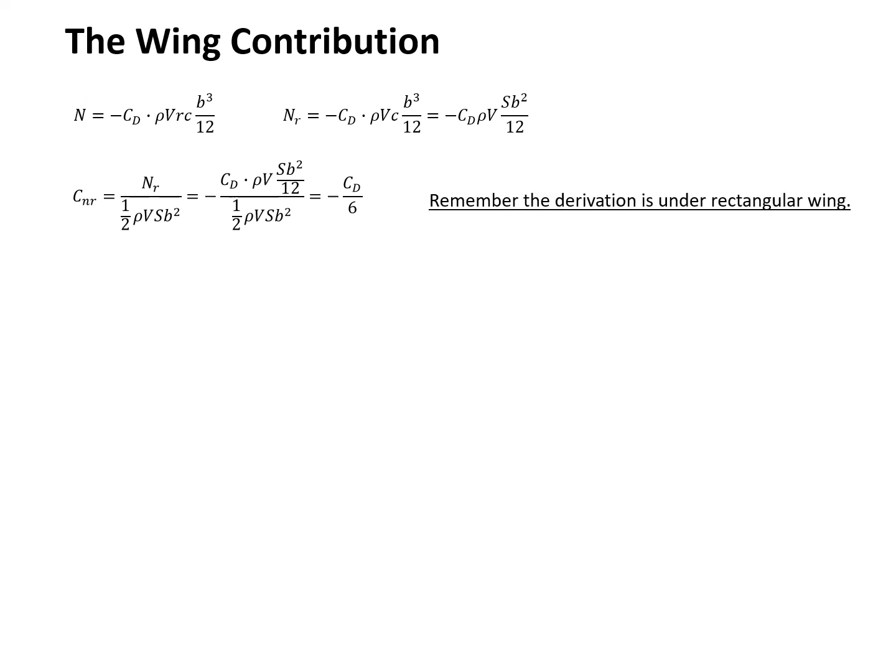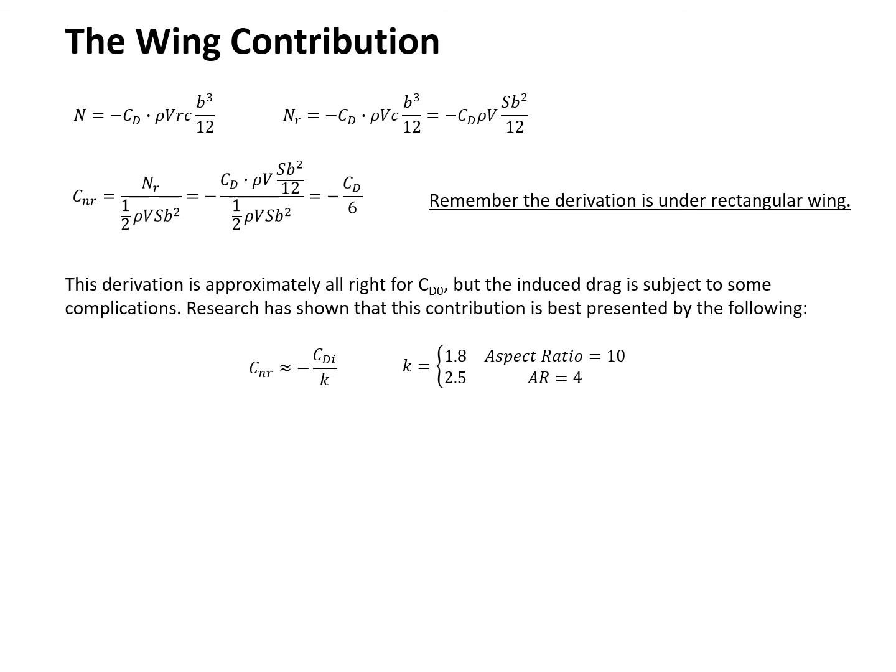Remember, the derivation is on a rectangular wing, so this only applies to a rectangular wing, but in reality, not every aircraft has a rectangular wing. So this derivation is approximately alright for CD0, but the induced drag is subject to some complications. What is CD0? CD0 is the drag coefficient at zero angle of attack.